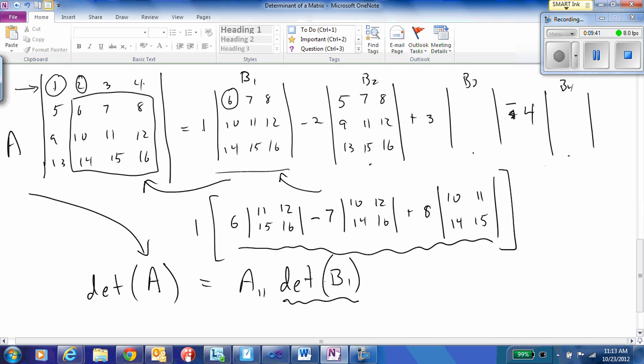That function would now calculate the determinant of B1 by doing the cofactors times the submatrix. And since there's finally a point where we can just write down the answer for the determinant of a 2 by 2, this recursive function call will eventually return back the answer for these determinants.